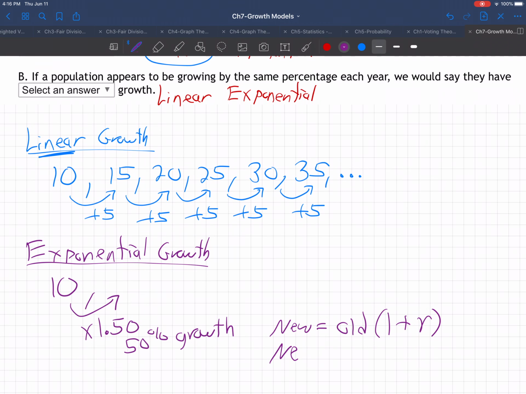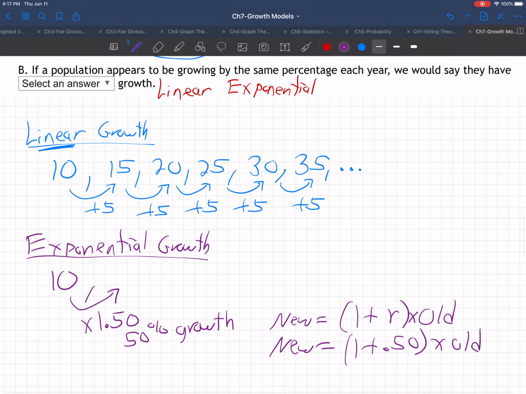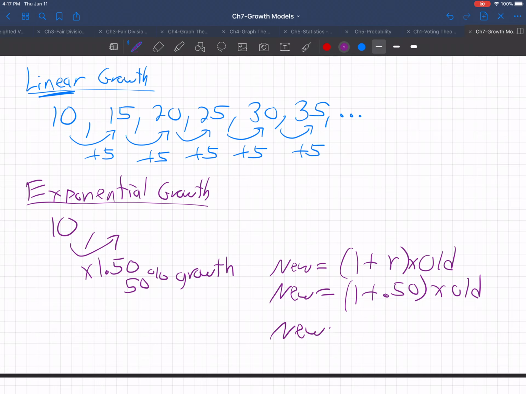So if the new amount equals the old amount times 1 plus 0.50, or actually, let me write it the way you're used to saying it. It's 1 plus the interest rate times the old amount. So if the interest rate is 50%, the new will equal 1.50, or just 1.5 times the old.